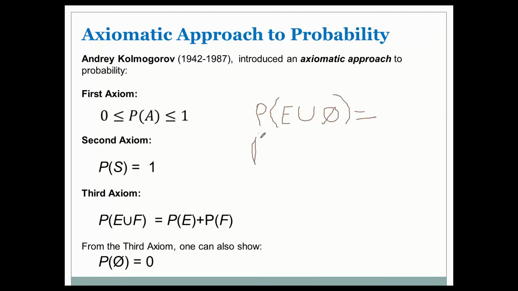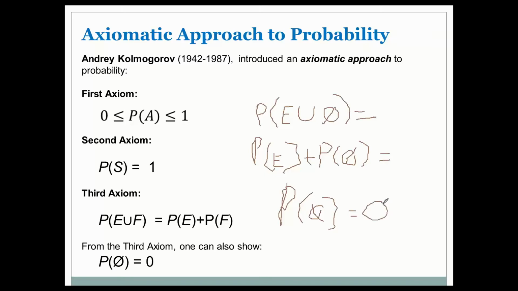It's going to equal the probability of E plus the probability of the null set. Well, this would be the same as saying the probability of the null set is going to equal 0. So that's how you can come up to that.